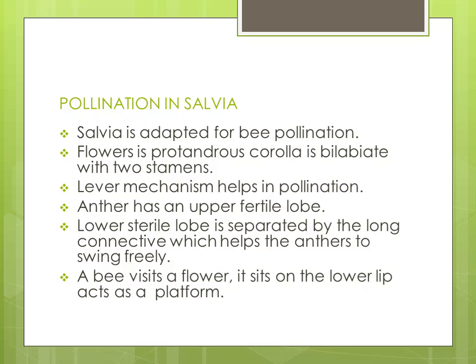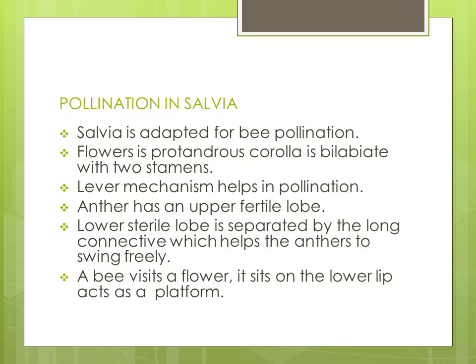The corolla is bilabiate. As I already said, there are two kinds of labial parts, upper lip and lower lip. The corolla is arranged like that. The upper lip has two stamens. Already you have seen it in the picture. And the lever mechanism helps in pollination.